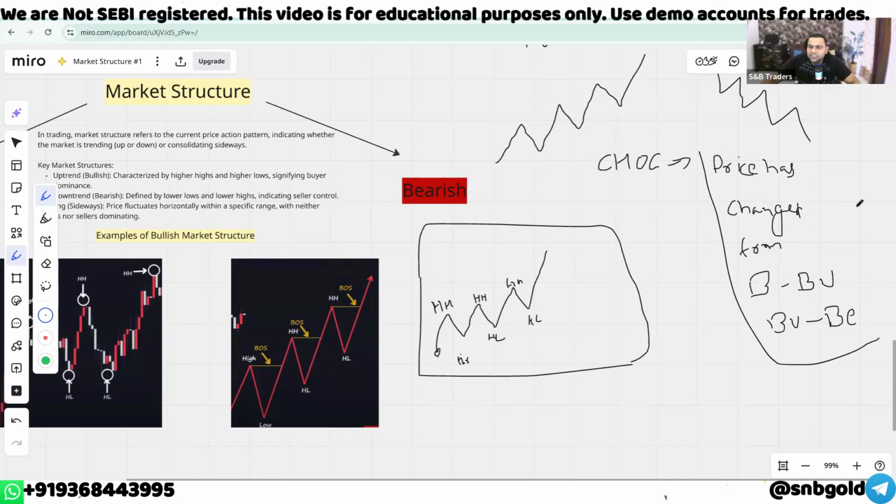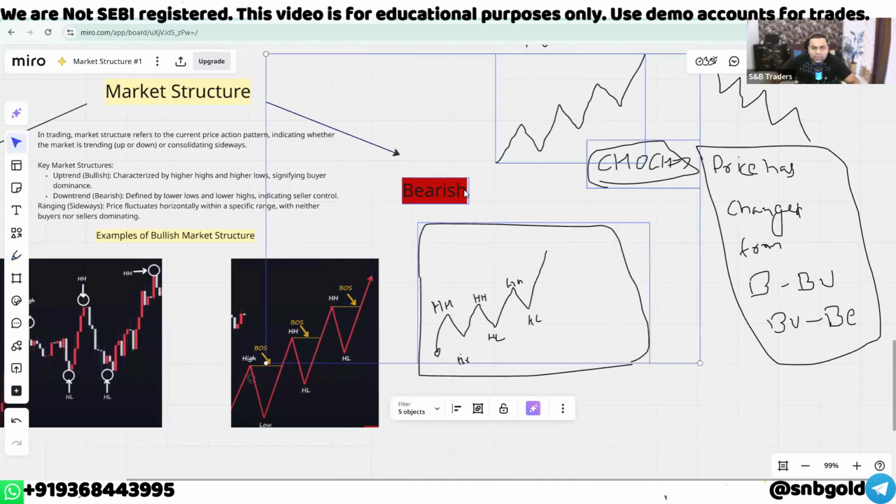This is what a change of character signifies. It is very important that you should know about CHoCH. You can even call it CHoCH in short form. So, this is your indication or your cue that now the price has changed character.